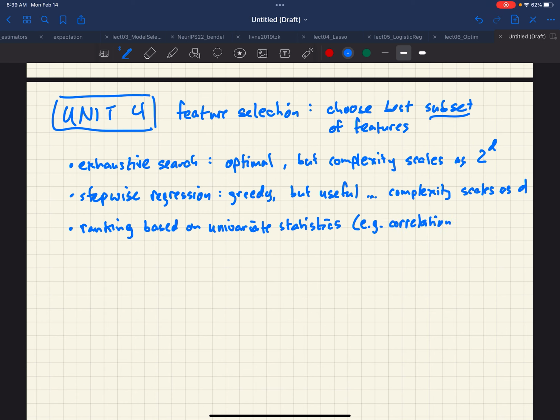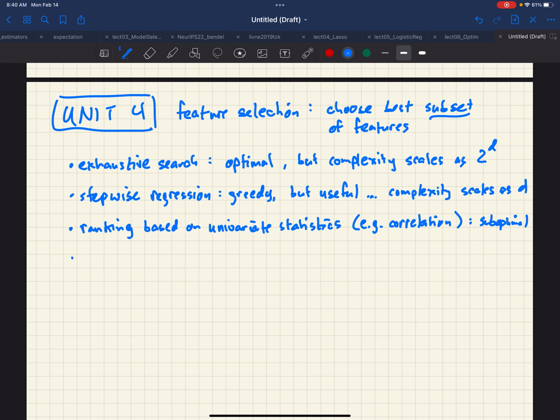So here the idea is picking features that are most correlated with the target. This is a suboptimal approach. I have not found that it works very well, but maybe in the right application it works okay.